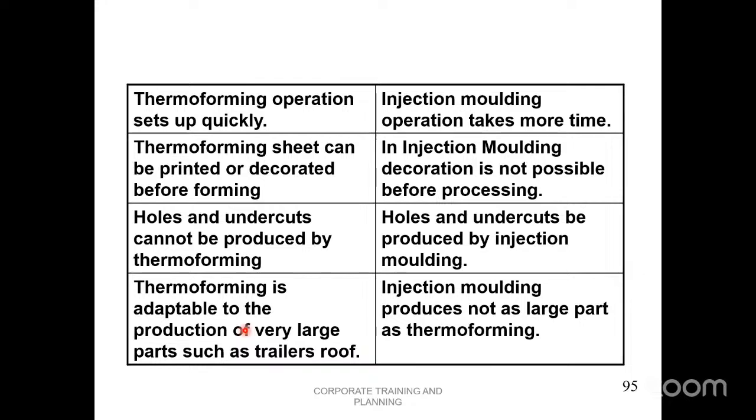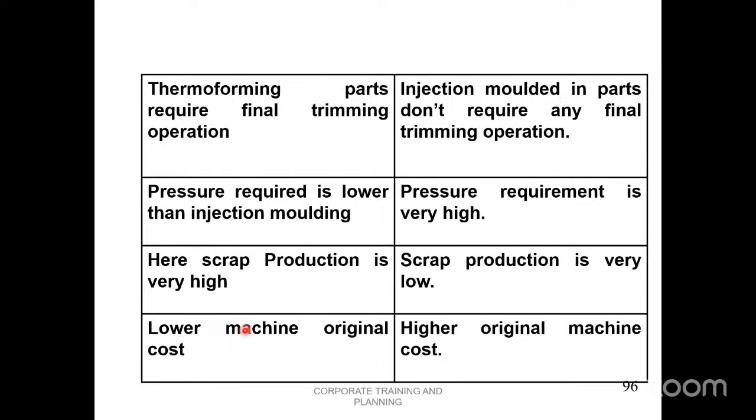I will show you the video also if I have it with me. Thermoforming parts require final trimming. Here, not required. Pressure required is lower here. Pressure required is higher here. Scrap production is very high here, very low in injection molding. Lower machine original cost here, where the machine cost is very high.